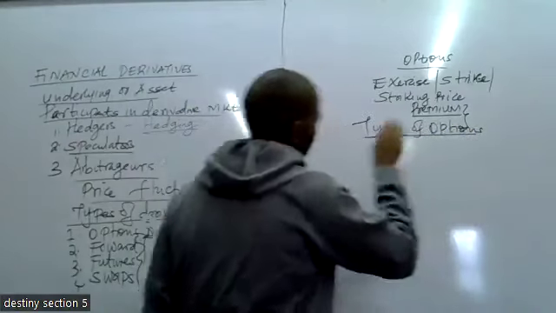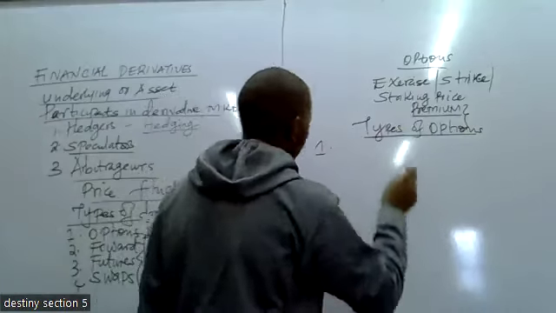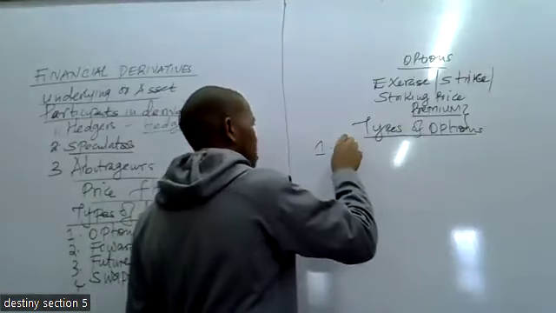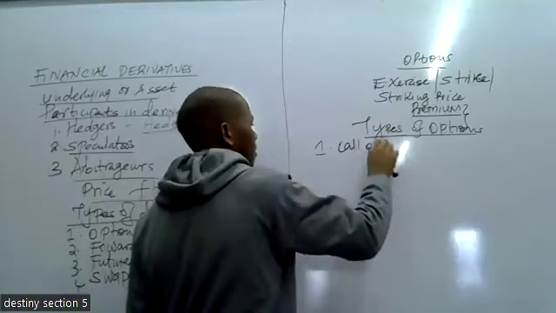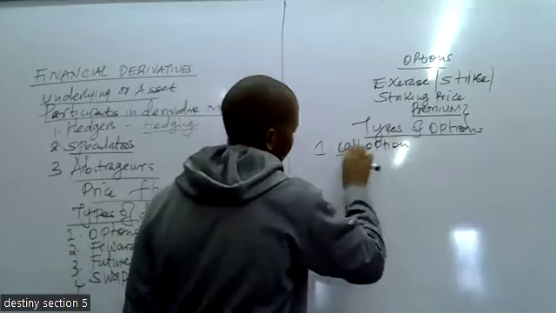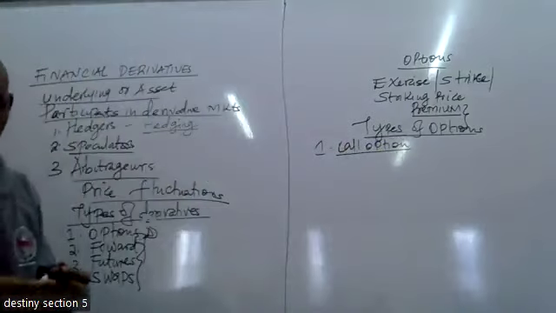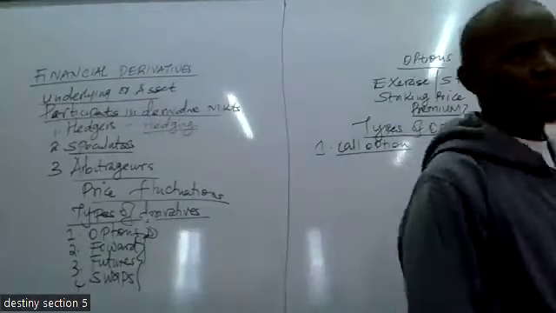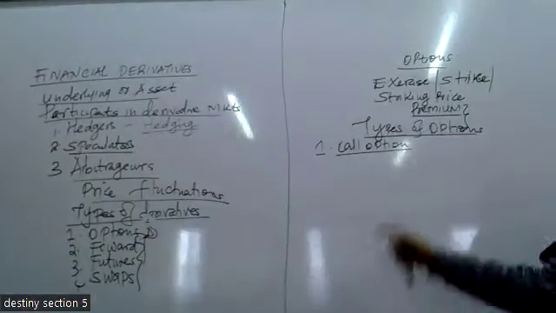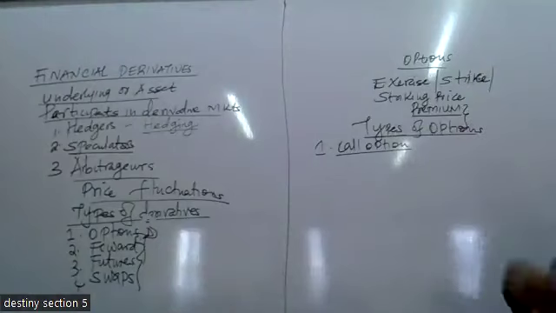Now, types of options. Number one, we have what we call the call option. For the call option, this one gives the right to the buyer. There is a put option where we will be talking about the seller.